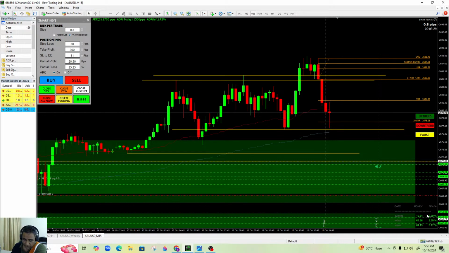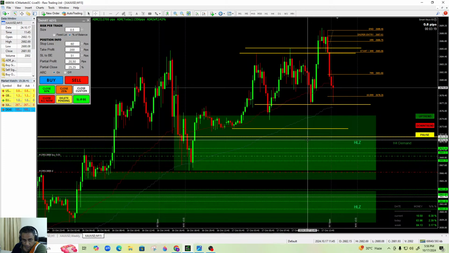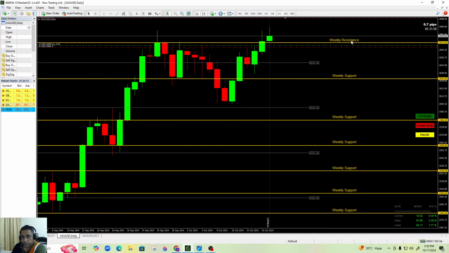But if price does come down here, let's see if you can get a trade here, because 2672 is weekly resistance right there. That's weekly resistance right there, 2672.